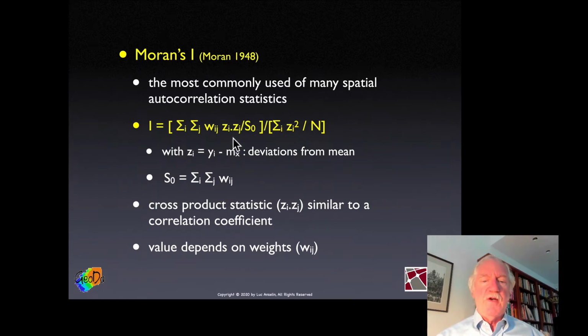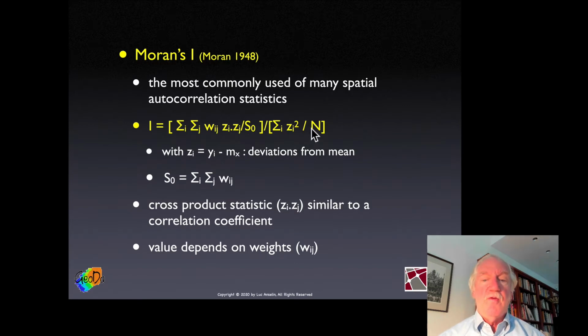So in the numerator, we have this double sum of the cross products of the neighbors, so to speak, divided by this factor, and S naught, as it's called in the literature, is actually the sum of all the weights. And remember what I mentioned the other day about row standardizing the weights. When you row standardize the weights, the sum of all the weights equals the number of observations, or n.